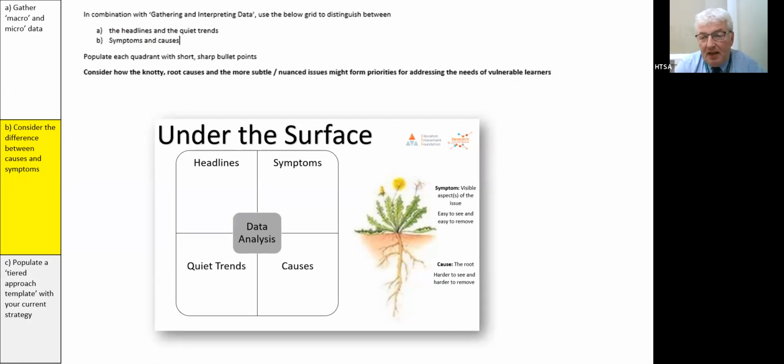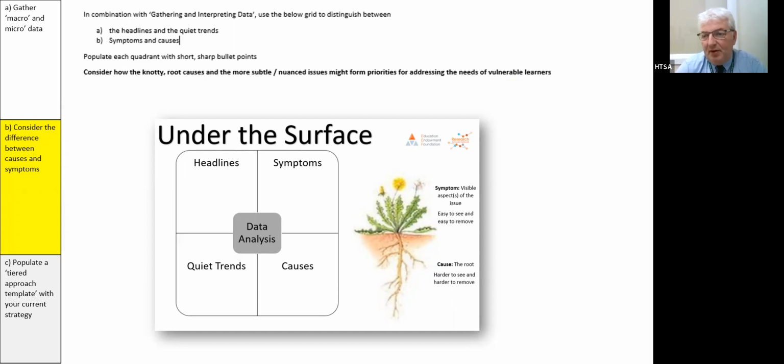And again, the illustration here, which we touched on at the end of session 1, is of a dandelion. A dandelion is a very persistent weed. On the surface we have all the leaves and the flowers and the seed heads, which are the visible symptoms of the dandelion.